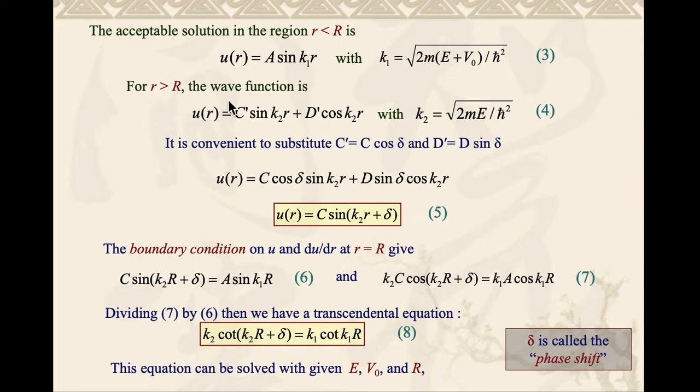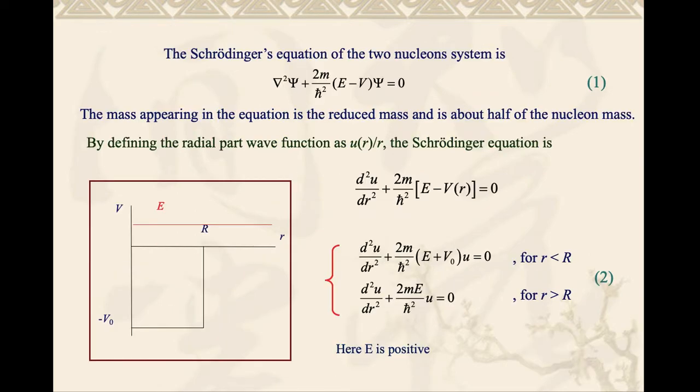And for r greater than capital R, the wave function has a difference, because in the deuteron case it was with the minus sign. When you have an equation like d square u by dr square minus a term into u, you get an exponential solution. And when it is plus, it must be either sine or cos.